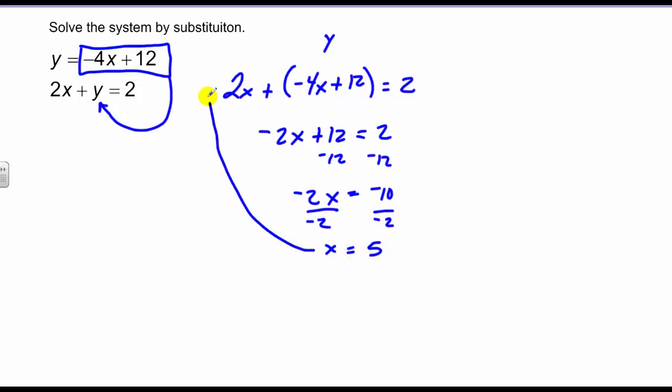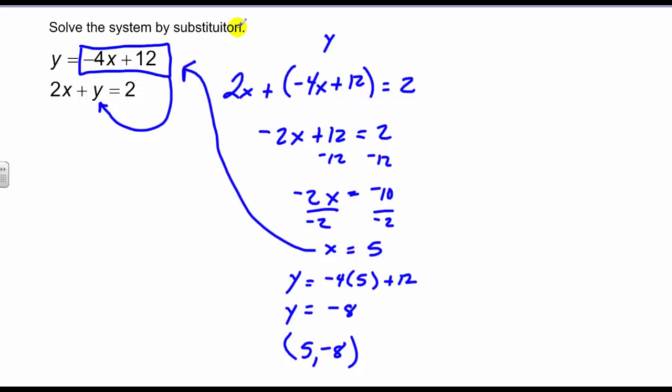Once I know that, I can plug back into one of the equations. So y is equal to negative 4 times 5 plus 12, which gives me a total of negative 8 for y. So 5 and negative 8 is my solution of the system.